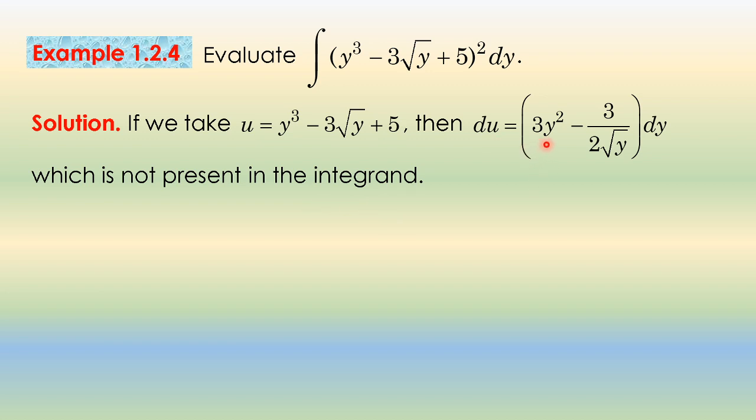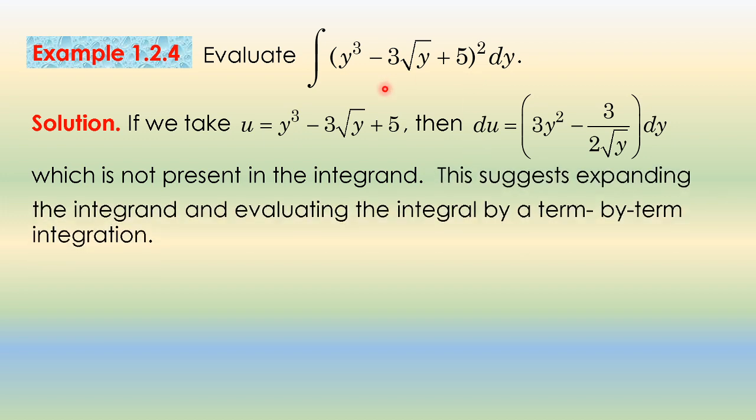But this du is not in the integrand. So this suggests expanding the integrand and evaluating this integral by term-by-term integration. So let us expand this trinomial quantity squared. How to expand this trinomial quantity squared?